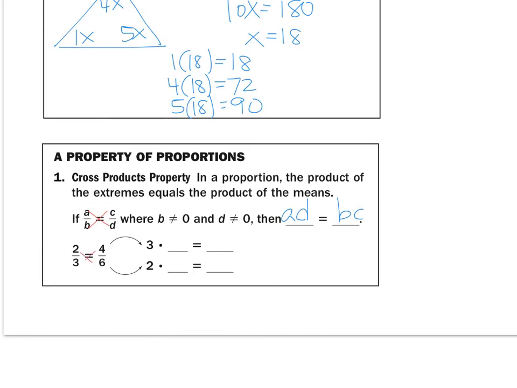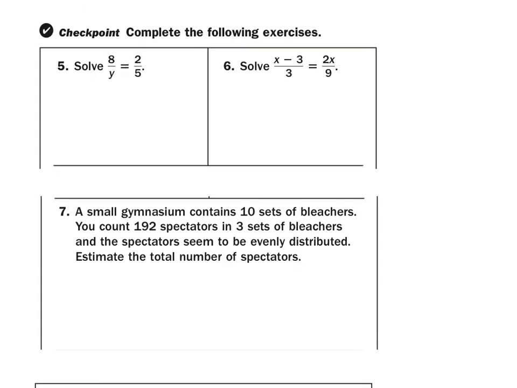So you're looking at the cross products of 3 times 4, that equals 12, and 2 times 6 equals 12. So you use that to solve for variables in a proportion.